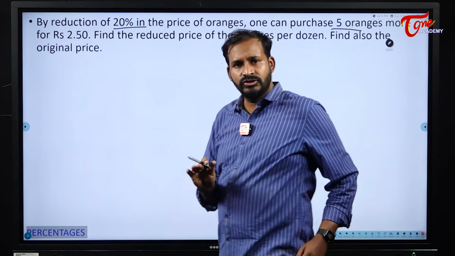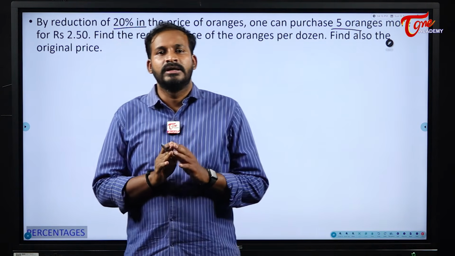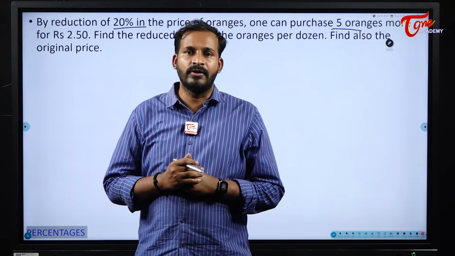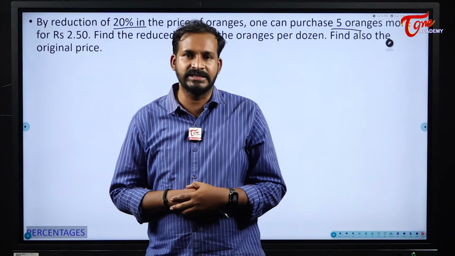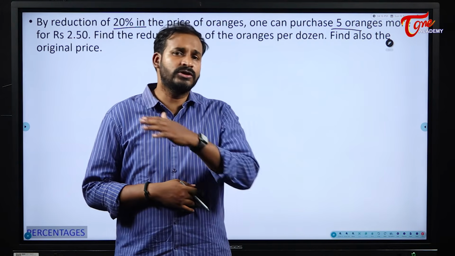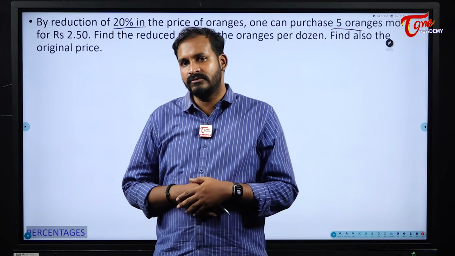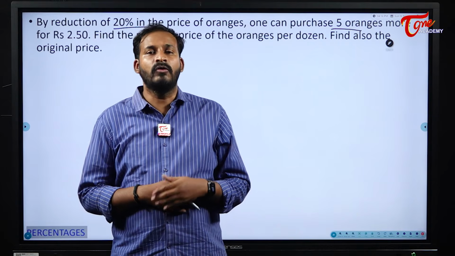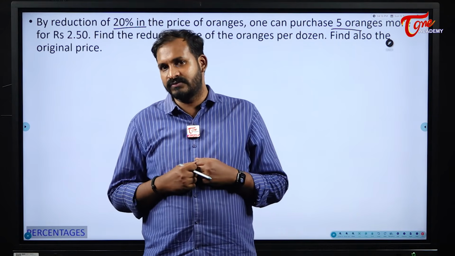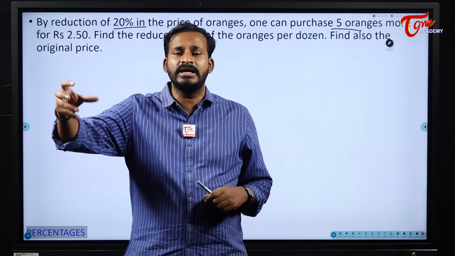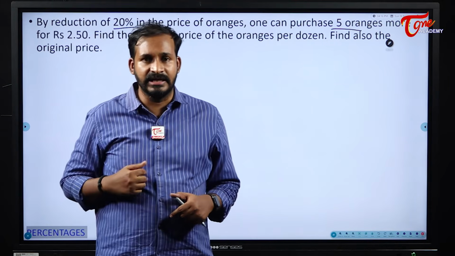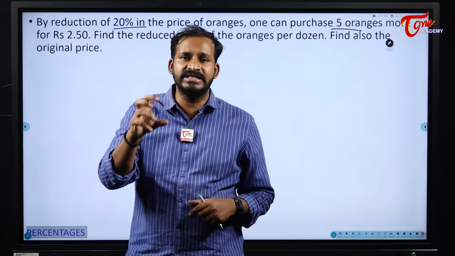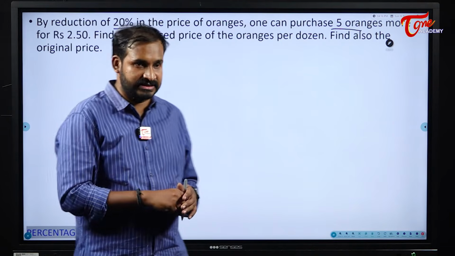For example, assume that rice price is 100 rupees per kg. Now the price came down by 20%. So usually, how much will you save? 20 rupees, right? Now instead of bringing back the 20 rupees with you, you are going to buy additional rice. That means you are going to purchase that additional quantity with the savings.